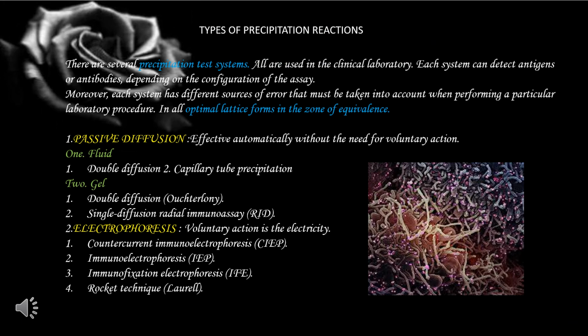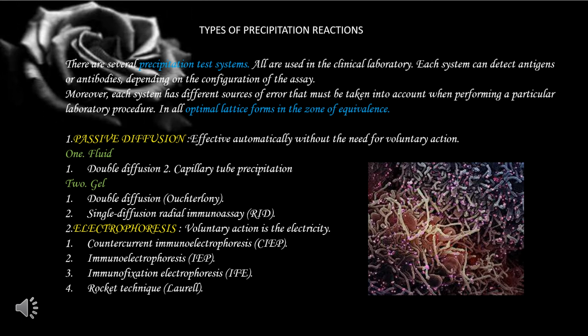So, looking into the types of precipitation reactions. There are several precipitation tests that have been observed in the laboratory system, all of which are used in the clinical laboratory, and each system is helpful for us to detect the antigen or the antibodies depending on the configuration of the assay.